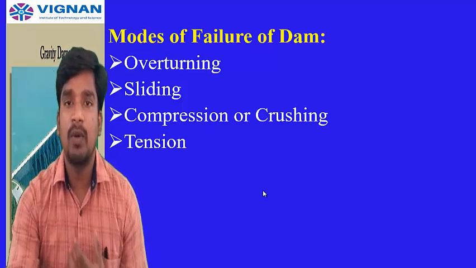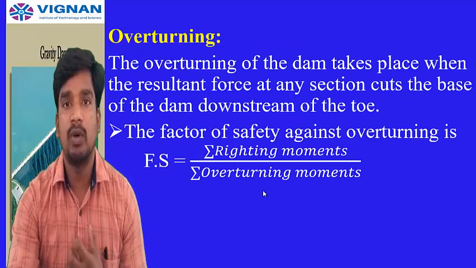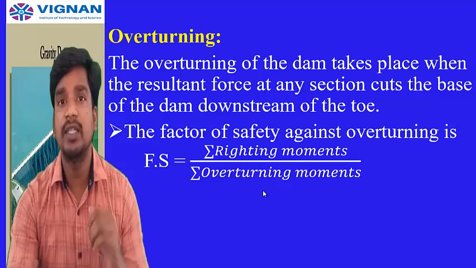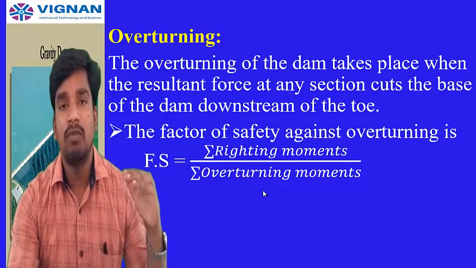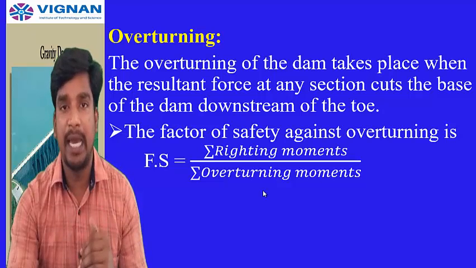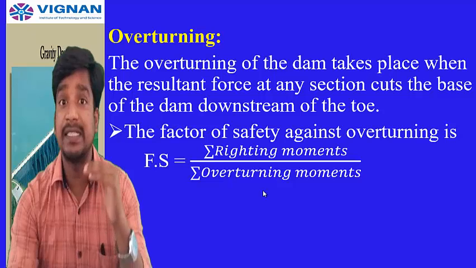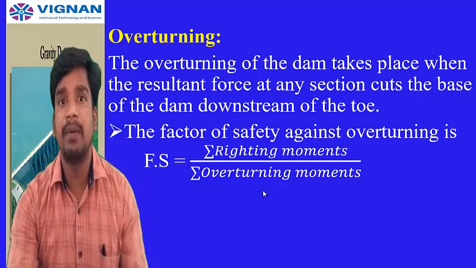In the second slide, let us discuss overturning. What is the meaning of overturning? Overturning is the force which is developed to rotate or overturn the dam from the base. This happens when the horizontal force acting on the dam overcomes the vertical stress, meaning the horizontal force is greater than the vertical stress developed in the dam.